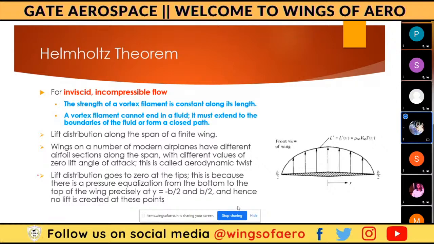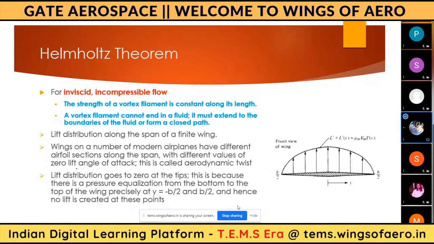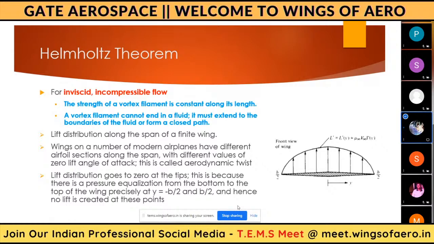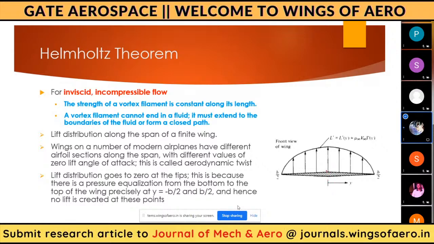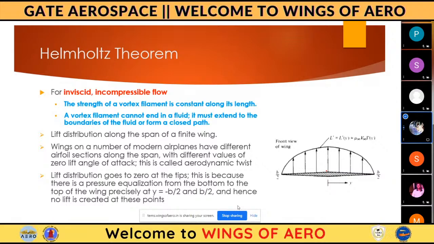So now we can come to the session. This Helmholtz theorem is used to find the lift distribution along the span of a finite wing. Here the span of the wing is b. We have a root and a tip, and this is a combined wing of left side and right side.